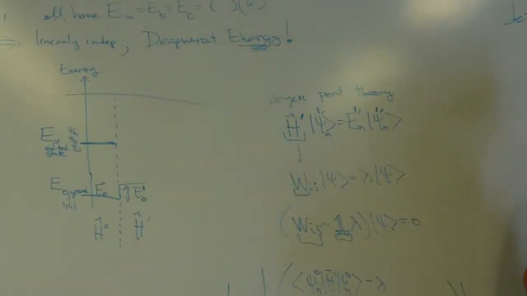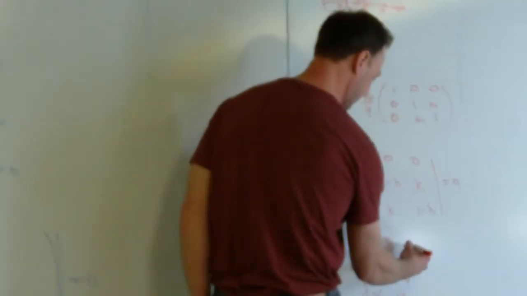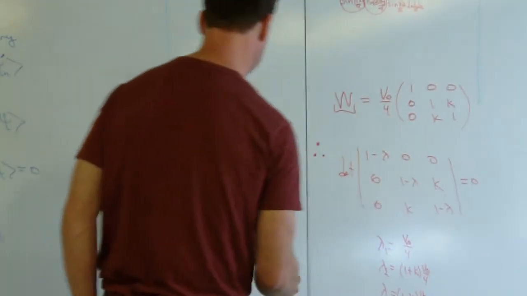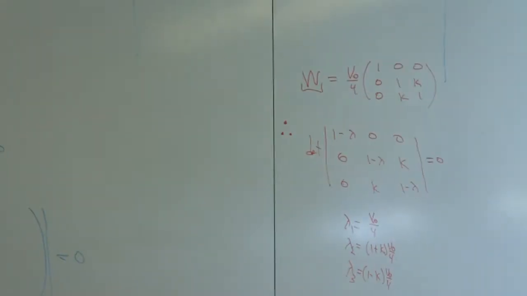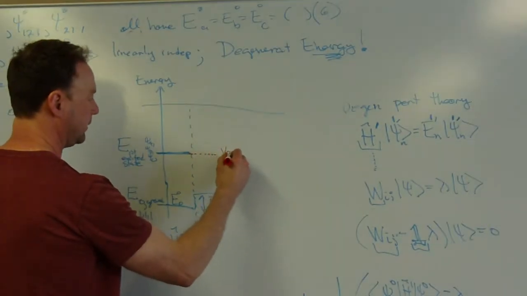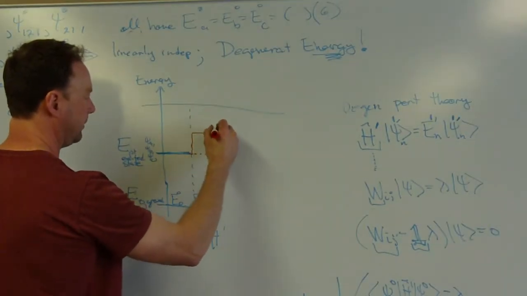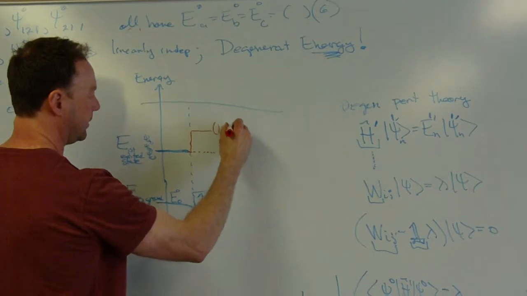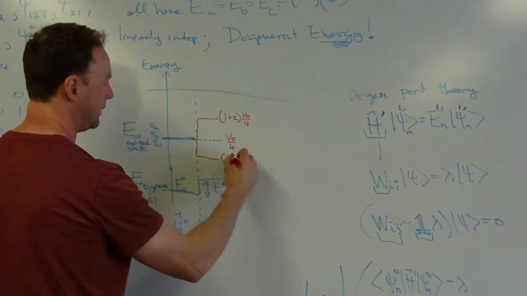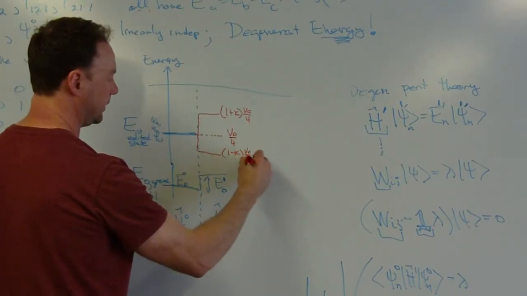So okay, what that means is the following. If I come over here, this is v0 over 4. Then there's going to be an energy up here, which is going to be 1 plus kappa of v0 over 4. And then down here, there's going to be 1 minus kappa times v0 over 4.